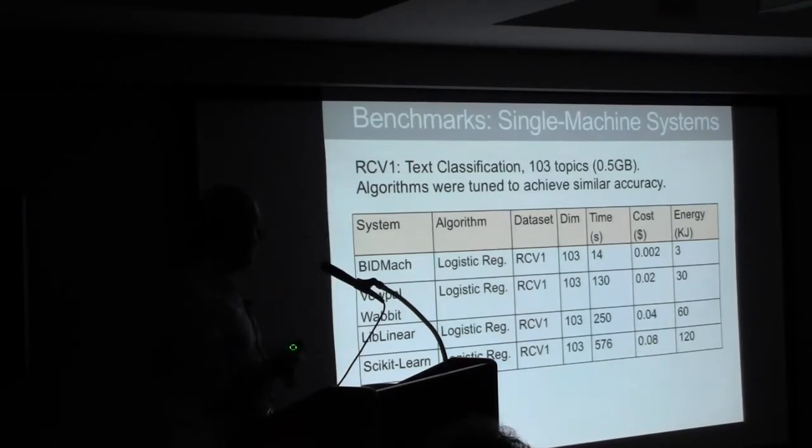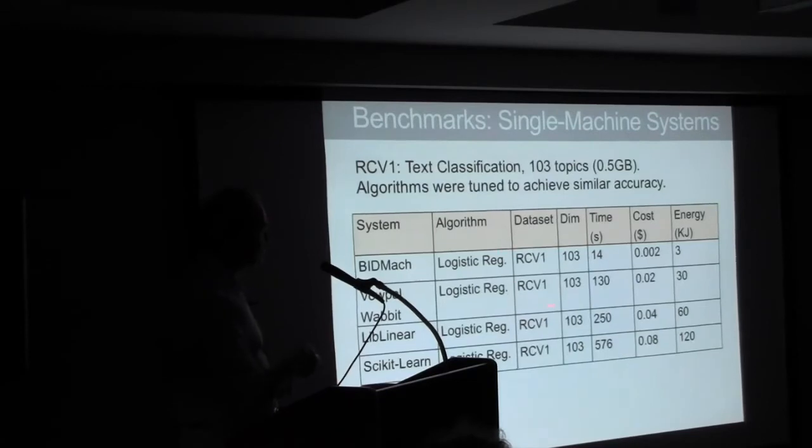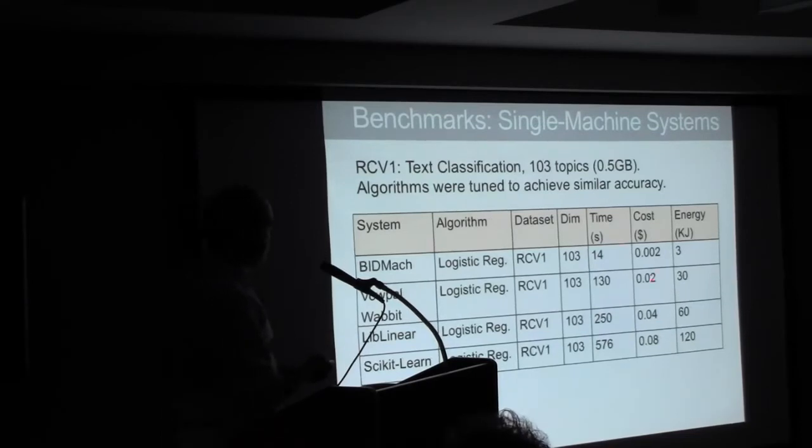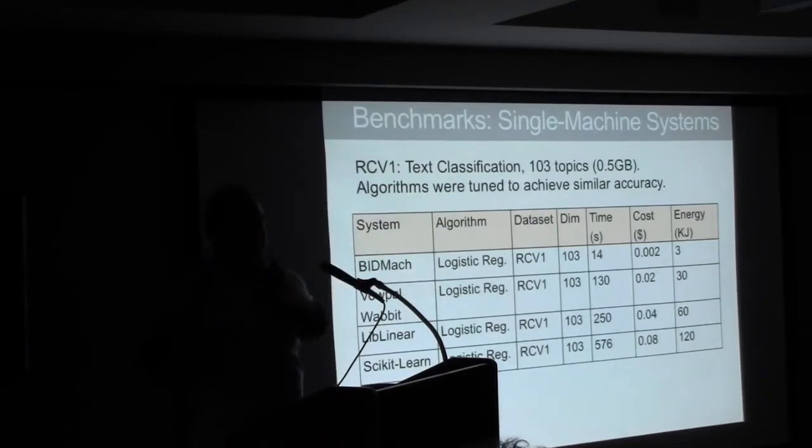But we get about an order of magnitude. That's the gap between what the CPU can do and what a GPU can do. This is running on a machine where we spend about the same amount of money on the CPU and the GPU. So we get that order of magnitude also in cost, assuming we're running this on EC2. These costs and energy figures, by the way, are based on comparable EC2 instances, just to be very concrete.